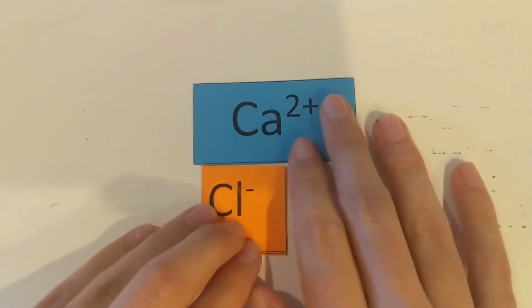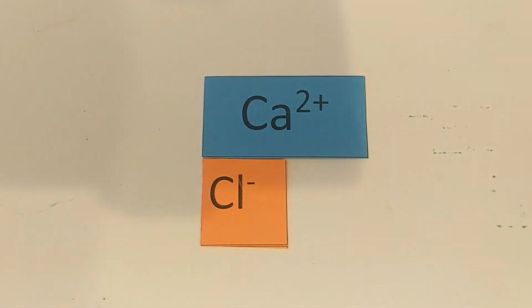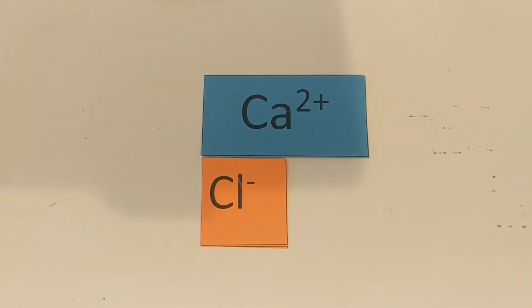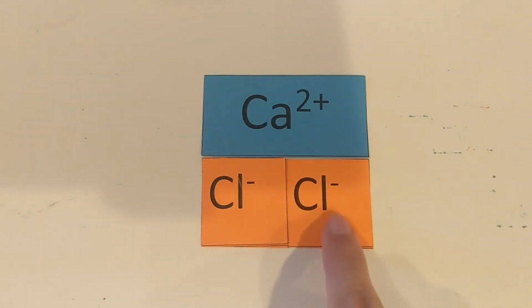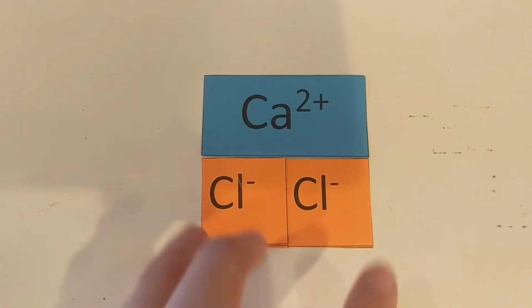And I made these cards unique sizes to help me figure out how many more I need of each to balance out the charge. Right now I have more positive charge than negative charge, so I'm going to need more chloride to balance that out. So this would be calcium chloride. I would need 2 chloride ions for every 1 calcium ion.